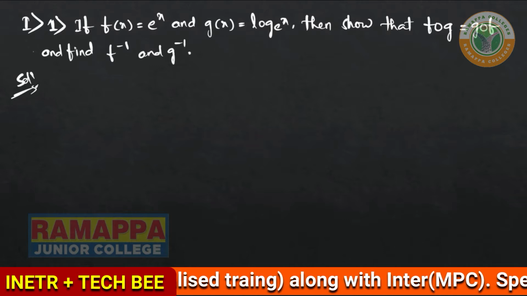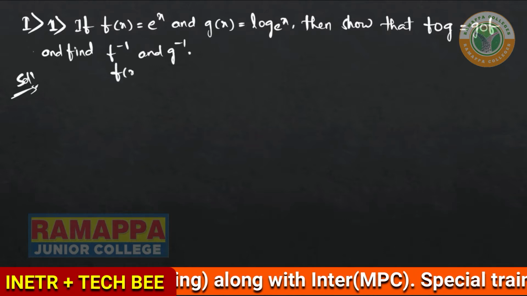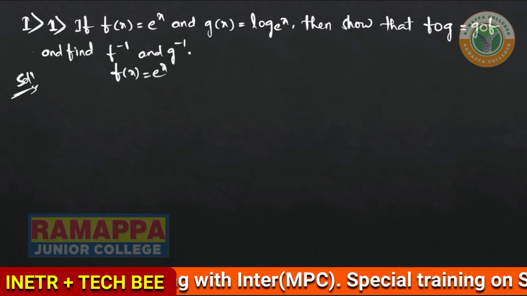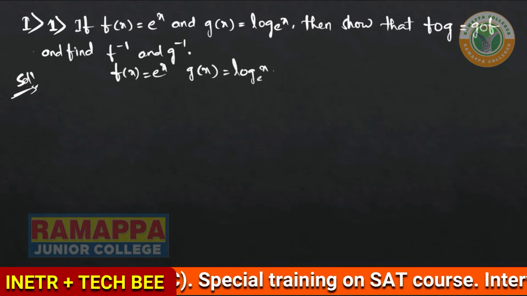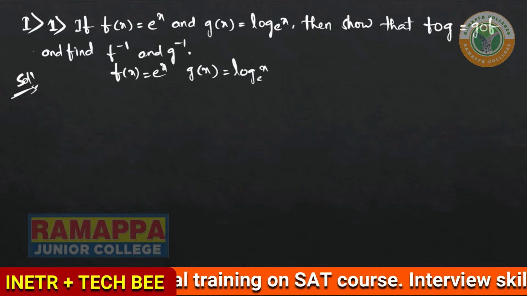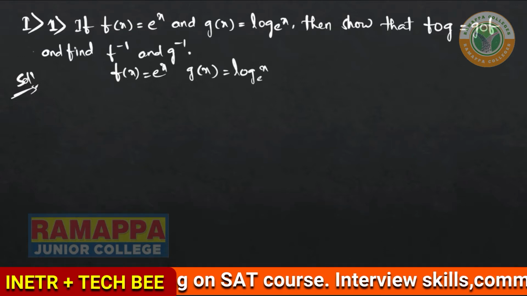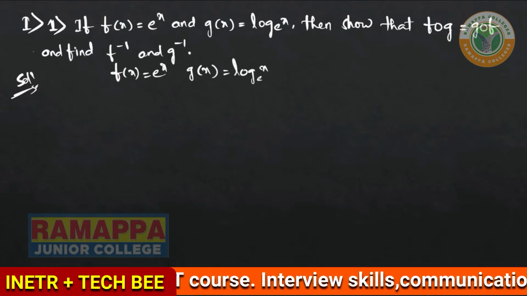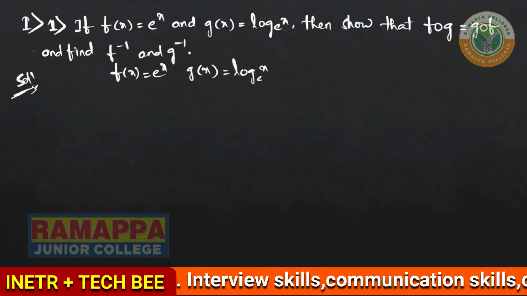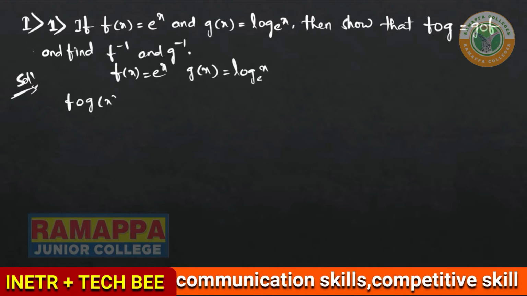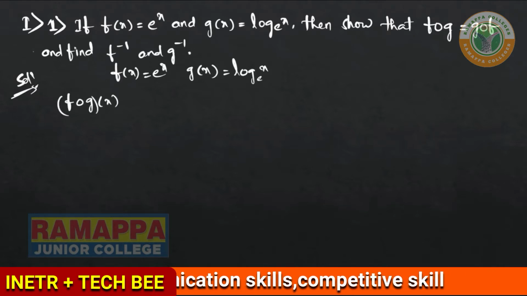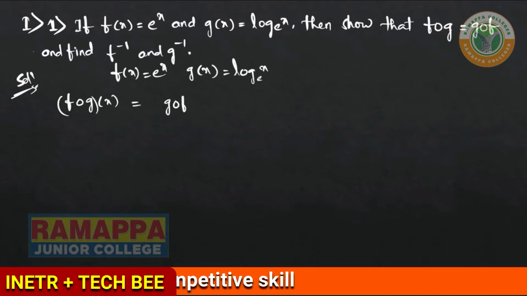The given question is f of x is equal to e power of x, and g of x is equal to log base e of x. Now we have to show that f of g is equal to g of f. We can say f of g of x equals g of f of x.